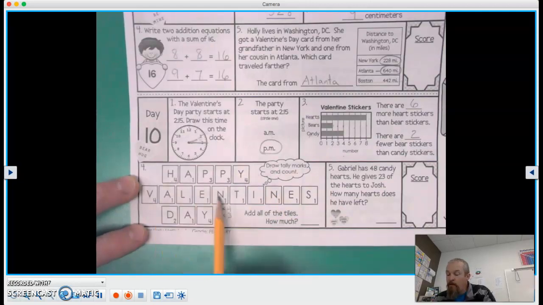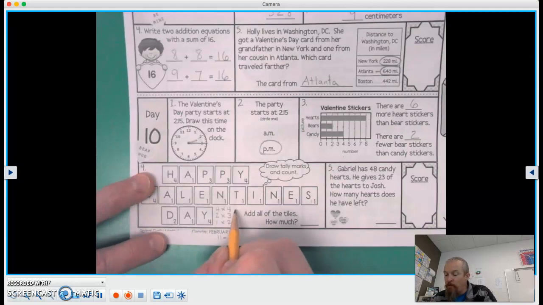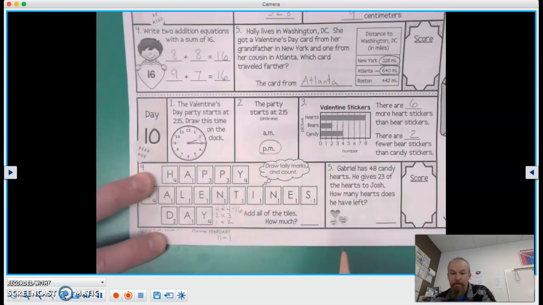We have 1, 2 2s. And we have 1, 2, 3, 4, 5, 6, 7, 8, 9, 10, 11 ones. So 4 times 4 equals 16.